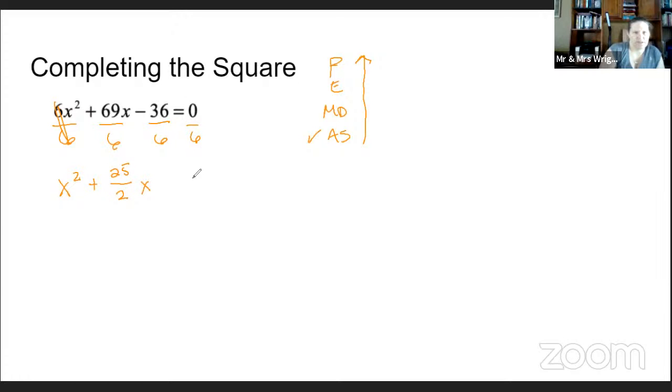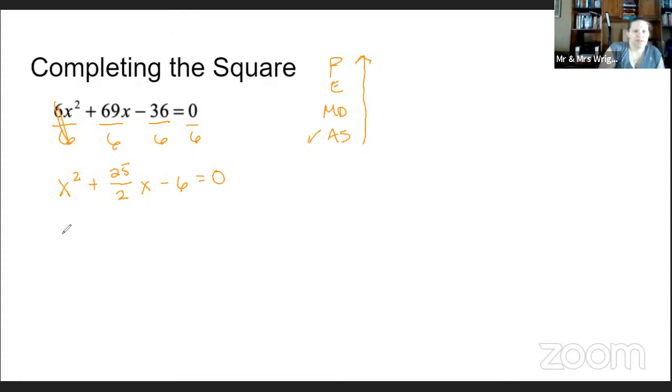And 36 divided by 6 is going to be 6. 0 divided by 6 is 0. Now we have 1 as our coefficient, and we can begin the process of completing the square.